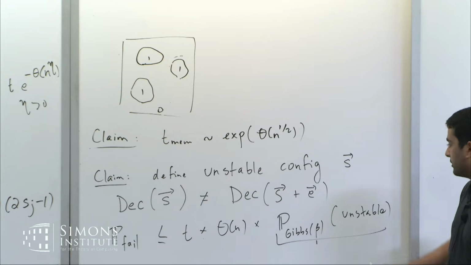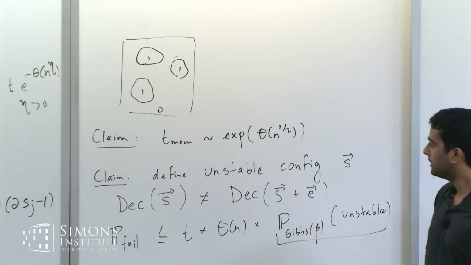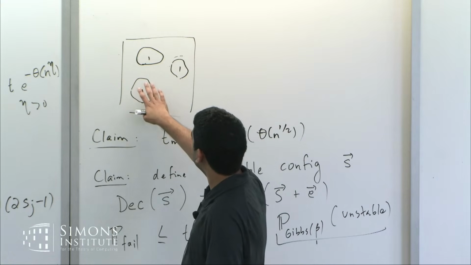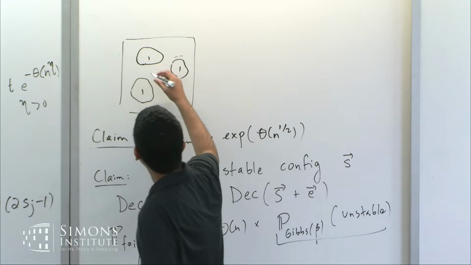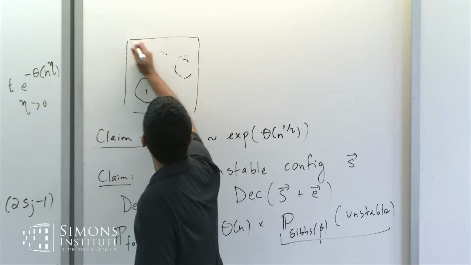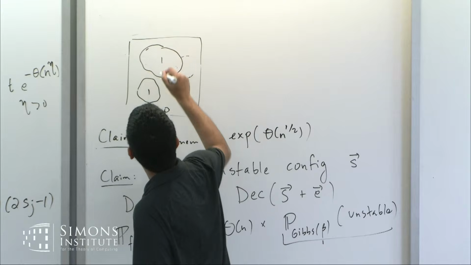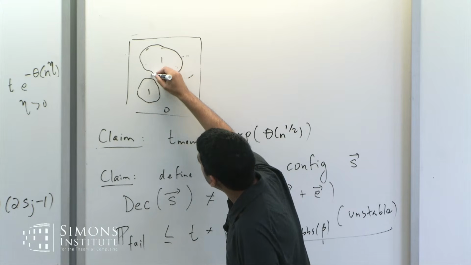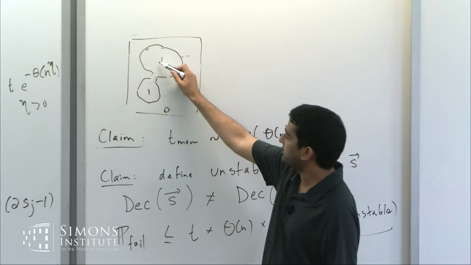Okay, so how do we bound the probability of an unstable configuration? One thing to note is that if a configuration is unstable, let's say I create 2 domains of 1s, and I create a single error here, then I can accidentally coalesce these domains.